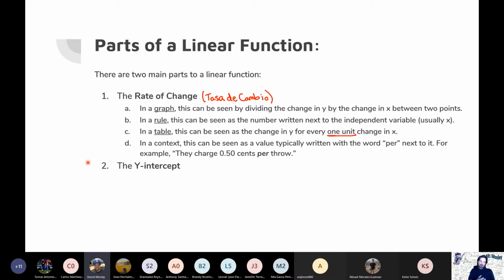So the other part is the y-intercept, which we have also called the start value.